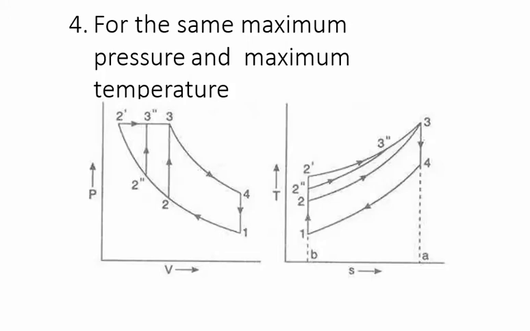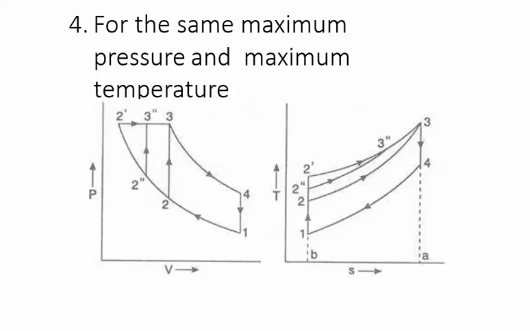In this we can easily see from the figure that from 1 to 2 the whole process is the same, while 1 to 3 is for the Otto cycle, and 1 to 2 dash represents the diesel cycle, where 2 to 3 is the process for heat addition. Here the 2 to 3 process is for heat addition.